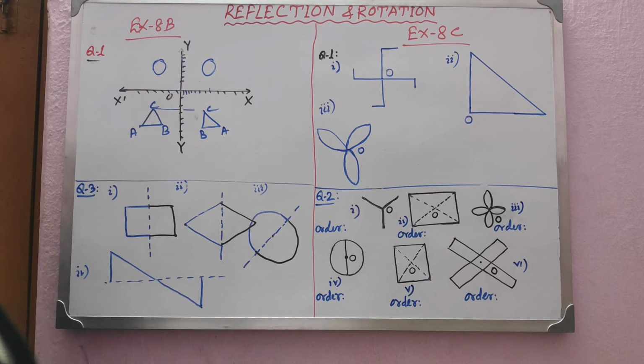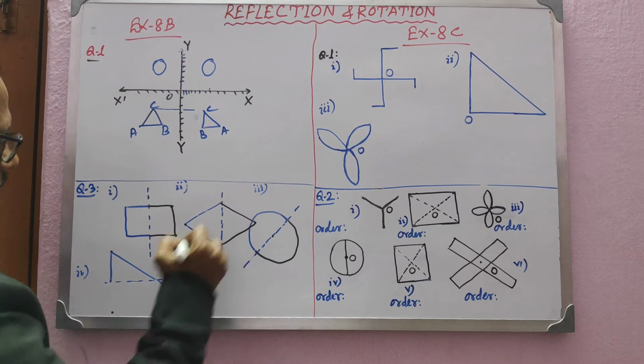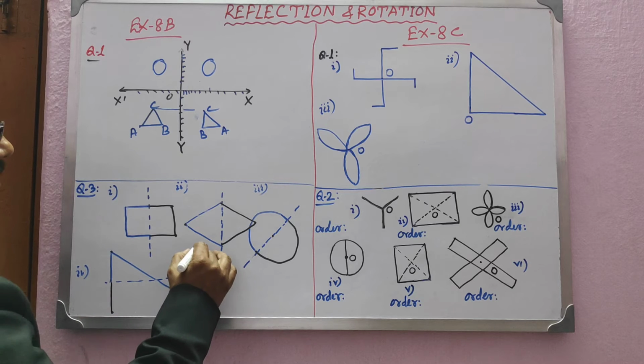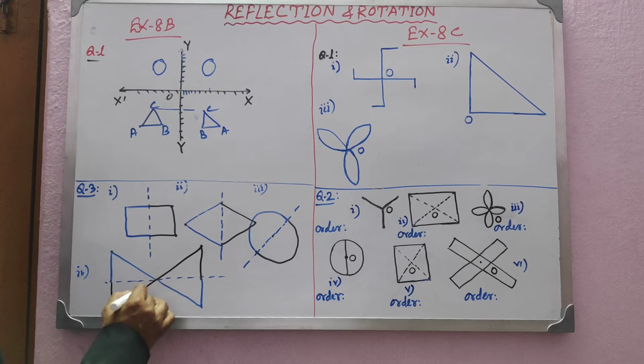This will be the reflection. After reflection, it will go here. See this point, it will go exactly to this point, and this point will go to the opposite of the axis. This point also will be like that. Then if you connect these 2 points, you will find this is the figure. I hope you have understood.